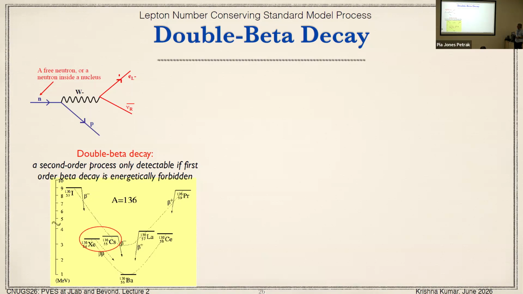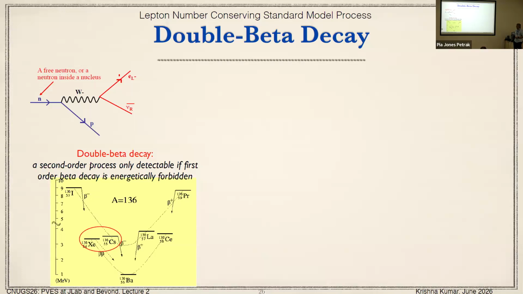If I look at iodine 136, for example, and you look at xenon 136 here, beta decay would take it to cesium 136. But in fact, cesium 136 happens to be, due to the nuclear pairing force, heavier than xenon 136, so it cannot decay by single beta decay.